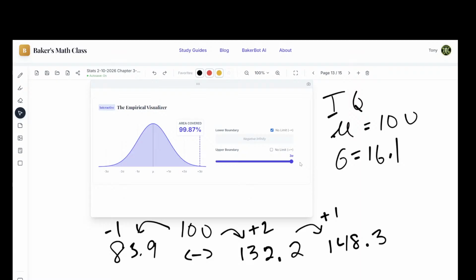Okay. And based on the data, that's not really true. Most people are between 83.9 and 116.1. Almost 68%, almost 70% of the people are between those two numbers. Okay? That's average. That's what standard deviation and bell curve does.